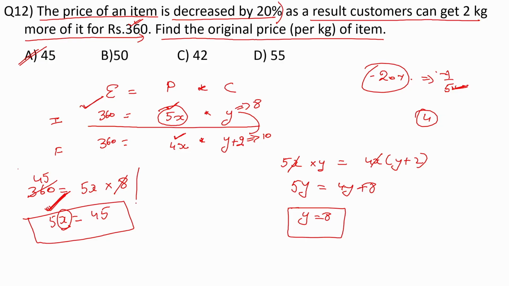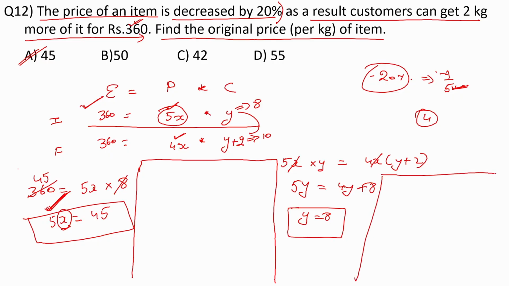This can also be done in some other way, guys. Let me tell you. Here expenditure is constant. So when expenditure is constant, price and consumption would be inversely proportional. So what I mean by this is, if the ratio of price is x is to y, then the ratio of consumption would be y is to x.